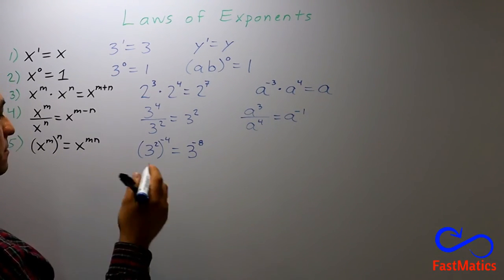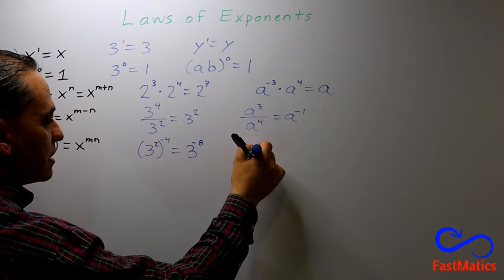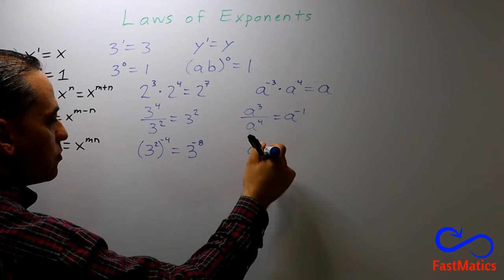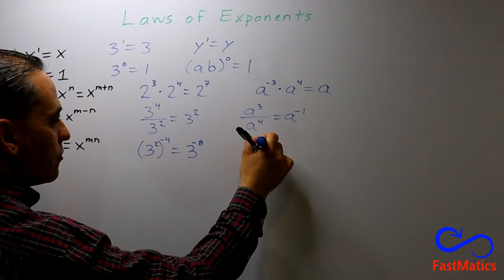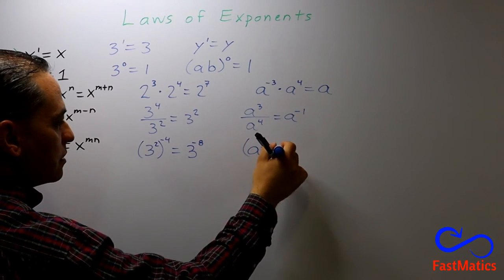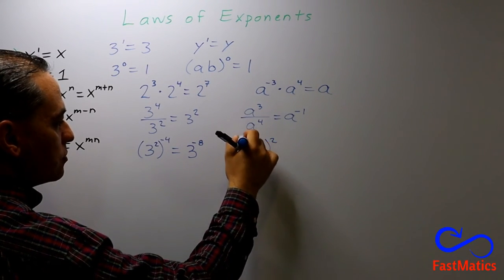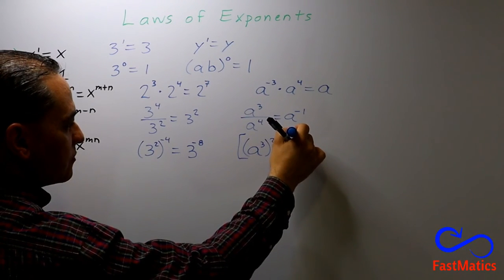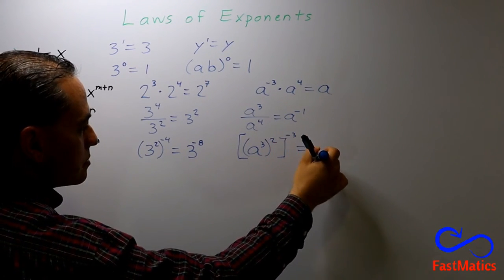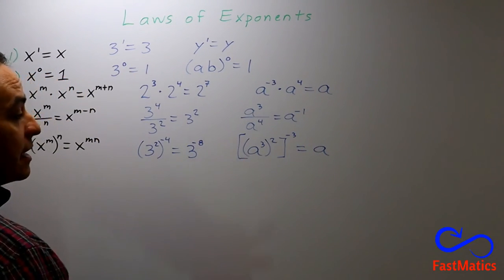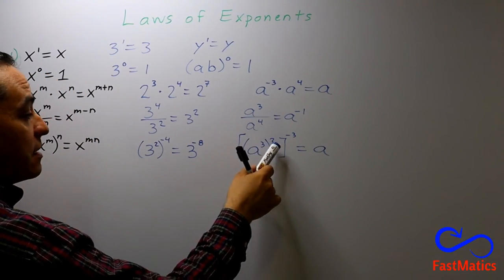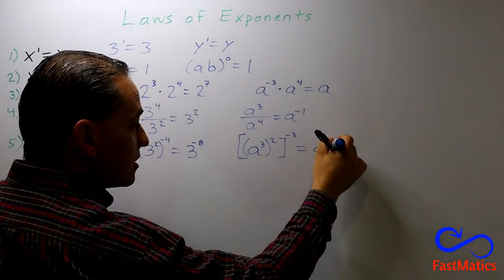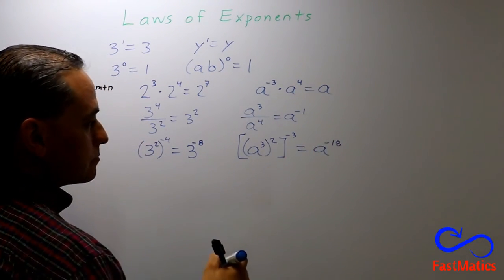After that, we have, for instance, a to the power of 3 raised to the power of 2, and that raised to the power of negative 3. So we write the a and we multiply 3 times 2 times negative 3, negative 18.